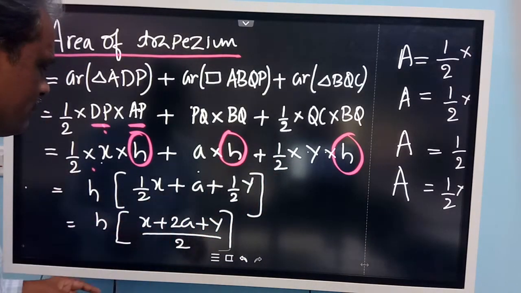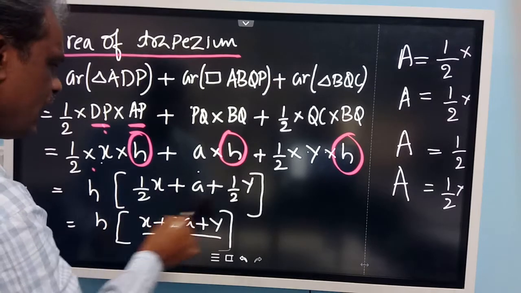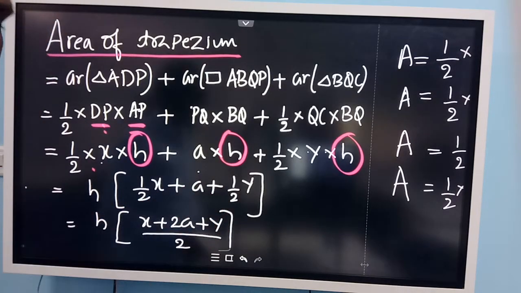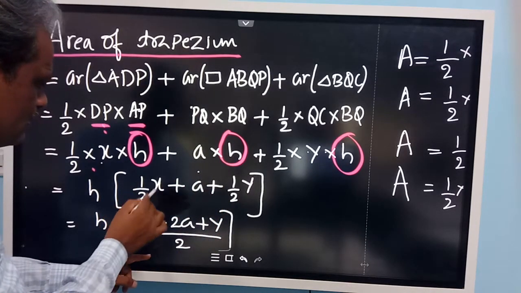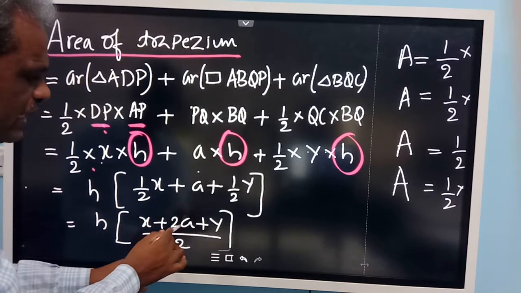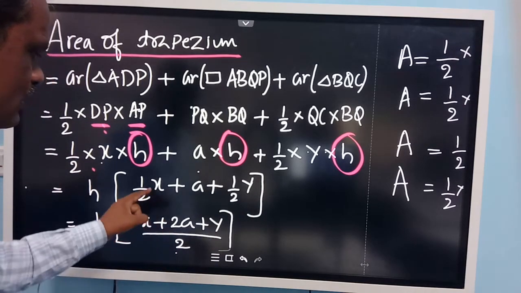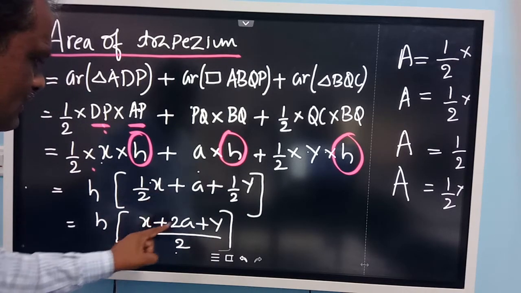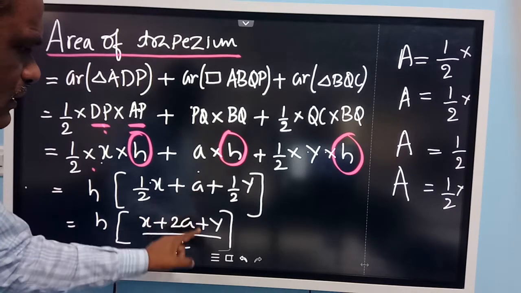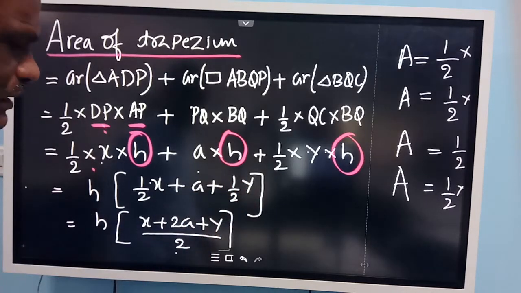Now simplify this. 2 is the LCM. The numerator becomes X, then this becomes 2A and this becomes Y itself.